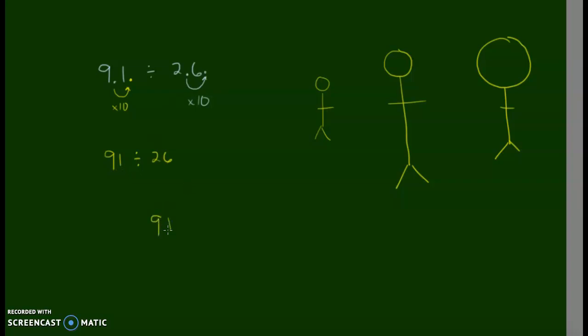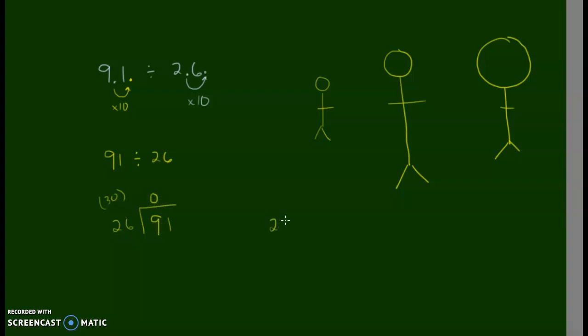So I have 91 divided by 26. And for this one, I'm going to think about 26 as being close to 30. And how many 30s can I get from 9? Well, I can't get any 30s from 9, but I know I can get 3 30s from 91.